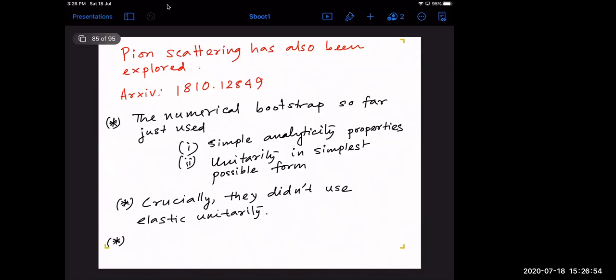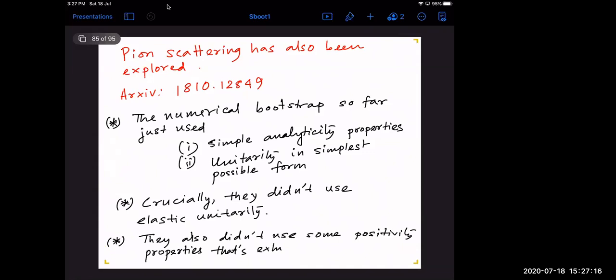They also did not use some properties exhibited by rho star, the double spectral density function that was introduced, which shows some positivity property in some domains, with a very important consequence.